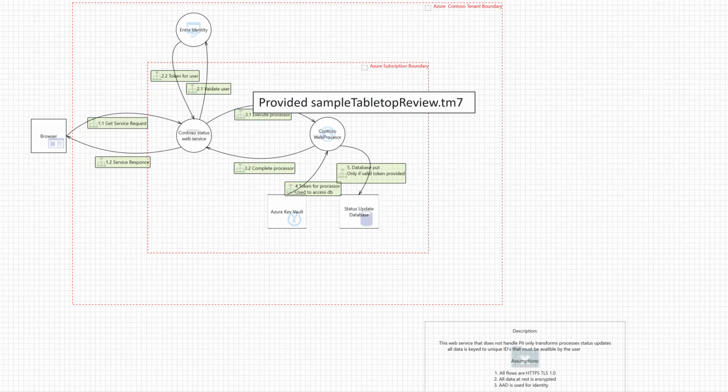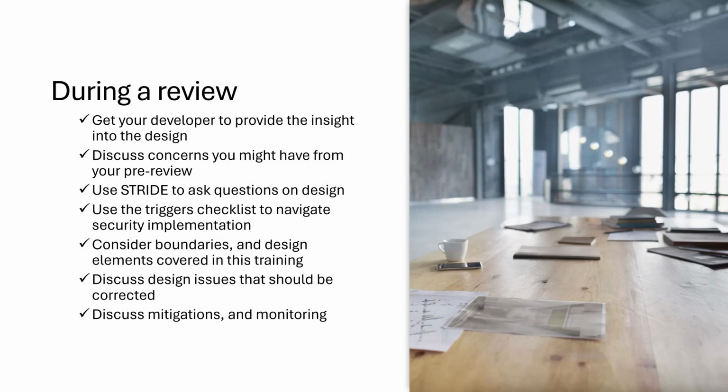Why? Mainly because it's an opportunity to see if you can exercise your ability to spot the problems and have those conversations. So as we go into that, what are you going to do during the review? What key things? One is let your developer explain the process, explain the design.